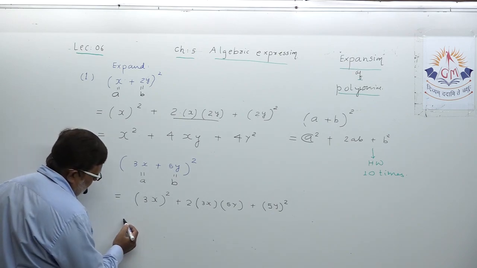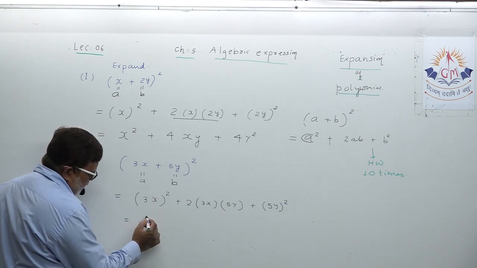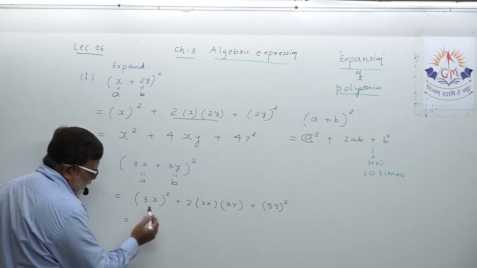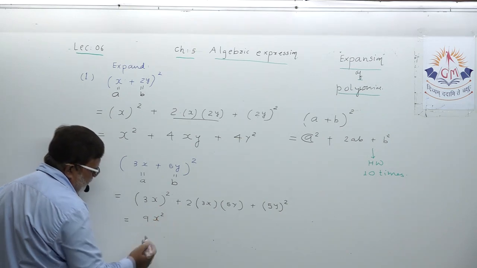Now let us solve. What is the square of 3? That is 9. Square of x, that is x square.